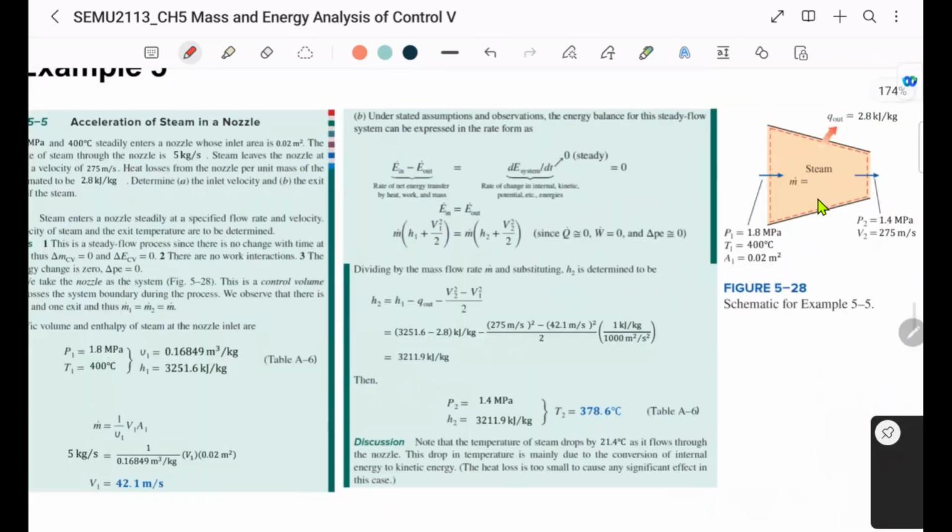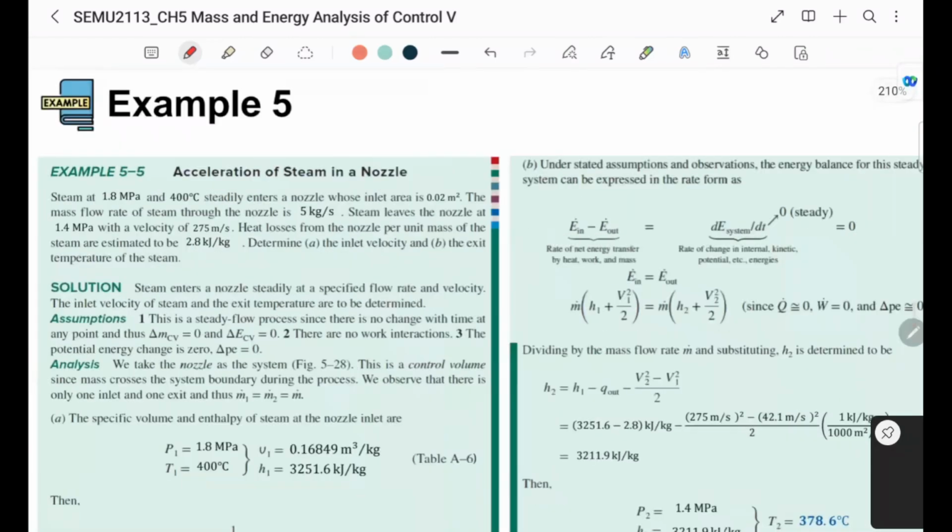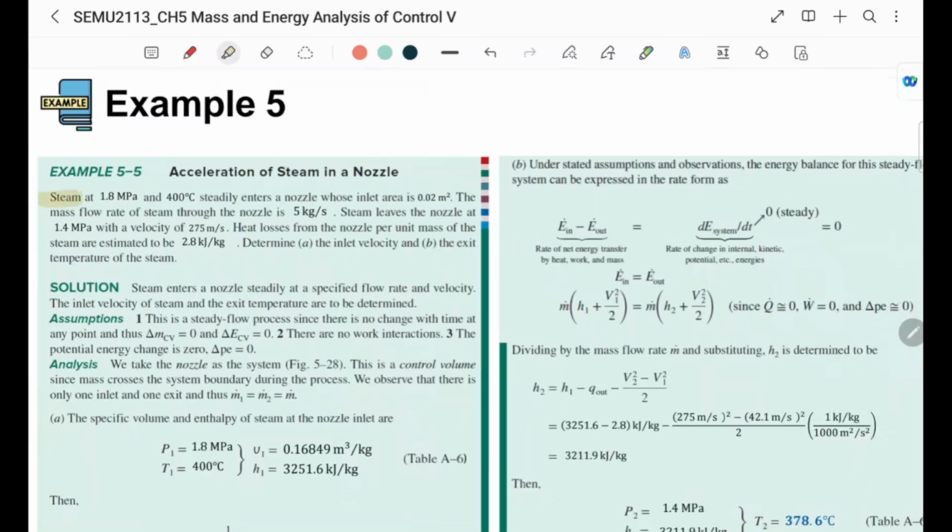Here is an example of a nozzle. So here is steam. Steam means that we have to find the property using the steam table, the thermodynamic table. We cannot apply the ideal gas equation here anymore. So here as well, steam at this pressure, this temperature, steadily enters a nozzle whose inlet area is this much.